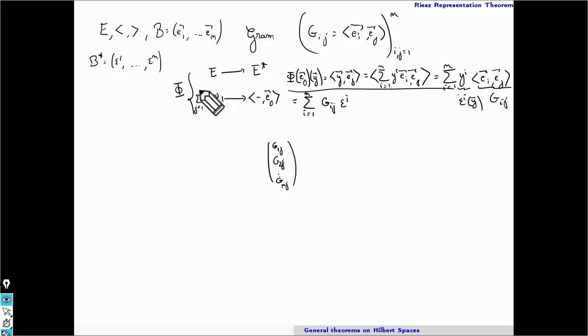So usually we can write it as a column vector, x1, xn. Here I would also have the same combination, sum from 1 to n of xj.